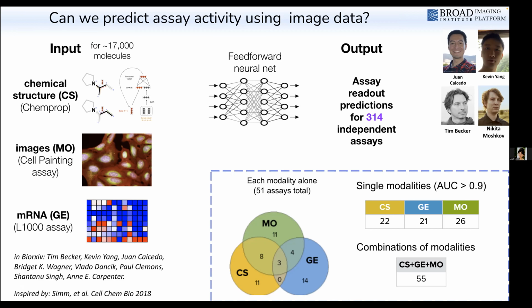We've extended this in our work, led by Juan Caicedo, Tim Becker, and Nikita Mashkov, together with Kevin Young and from Tommy Yakola and Regina Bosway's group, where we combine chemical structure and transcriptional readouts to predict these assay readouts. The proof of concept results suggest that image data from high content cell assays combined with other information can be leveraged to carefully design compound screens and boost hit rates.